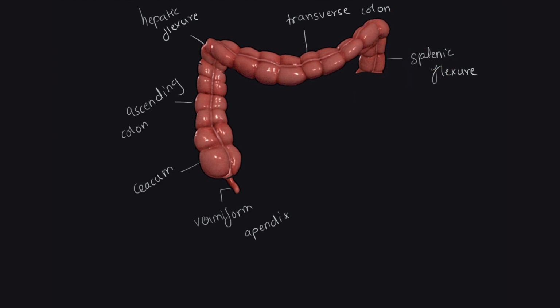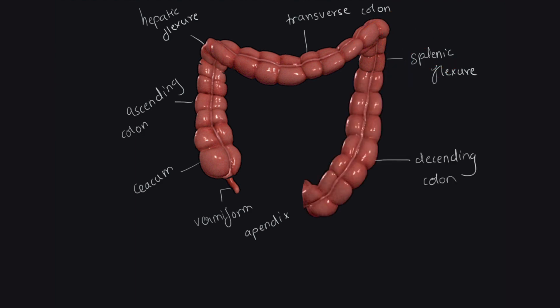Then we have the descending colon. The descending colon, as the name suggests, descends downwards, all the way from the lumbar region right here, and then goes into the left iliac region, or the left iliac fossa. And then we have the sigmoid colon. Why sigmoid? Sigmoid because it looks sort of like a sigma.